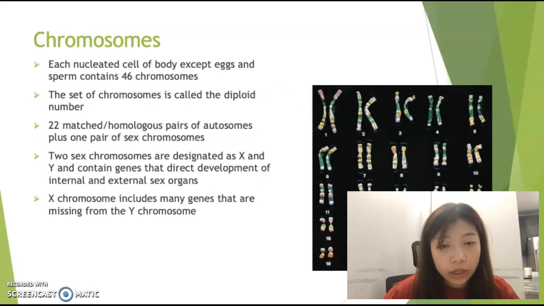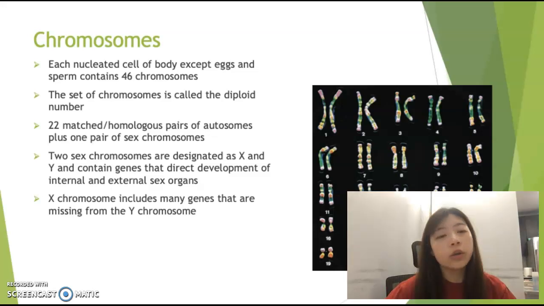Sexual development is programmed in the human genome. Each nucleated cell of the body, except eggs and sperm, contains 46 chromosomes. This set of chromosomes is called the diploid number because the chromosomes occur in pairs: 22 matched or homologous pairs of autosomes plus 1 pair of sex chromosomes.